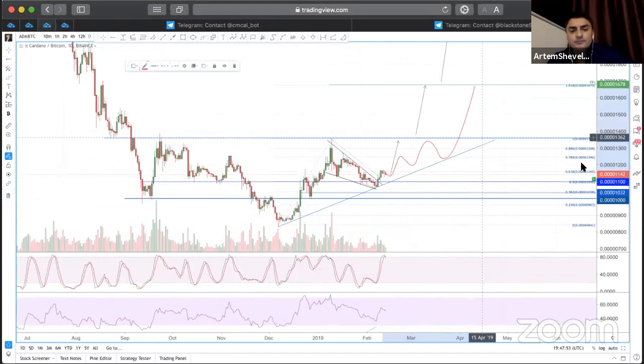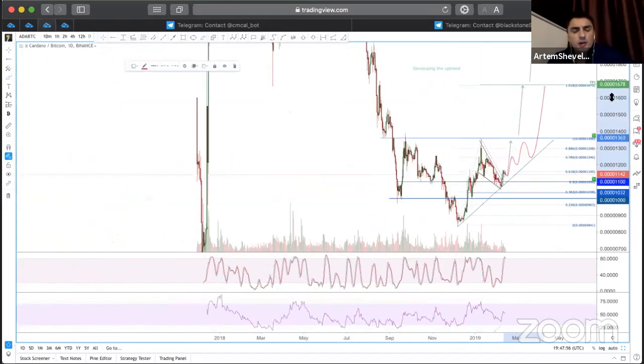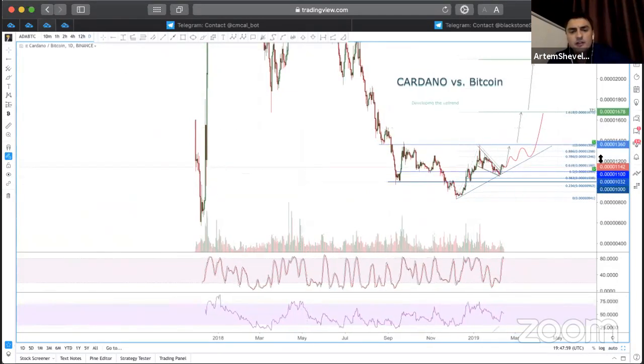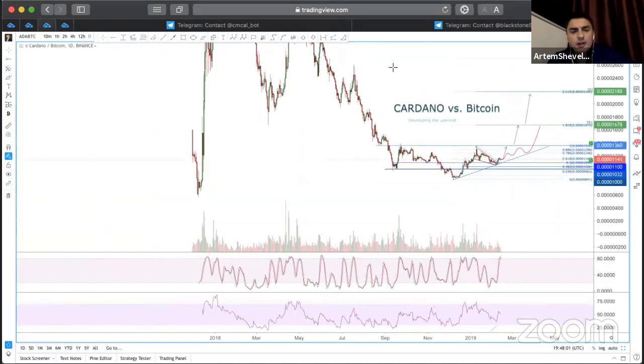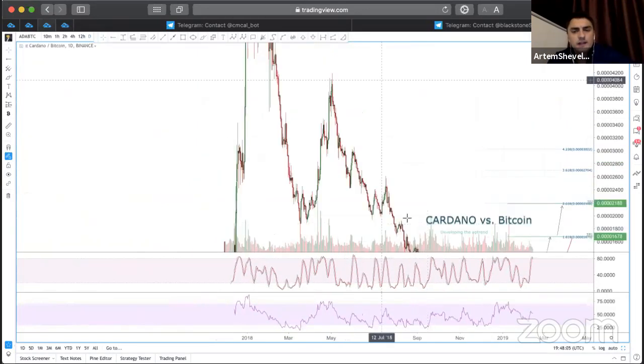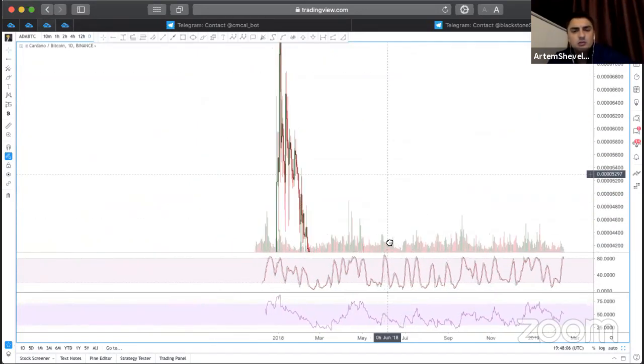And as most of you guys probably know, the price of Cardano dropped from like the 9,000 level.